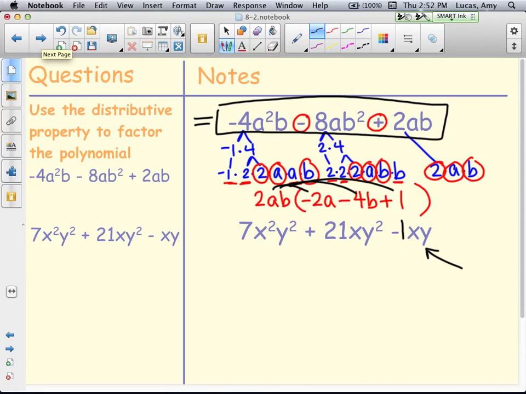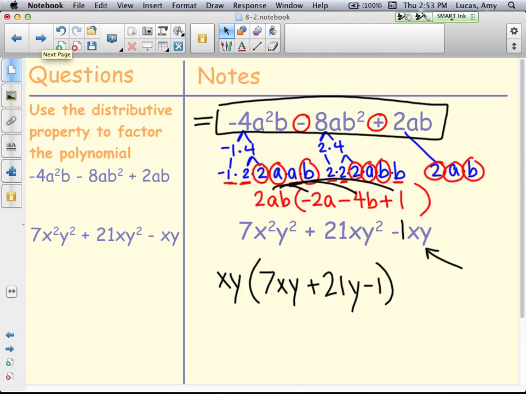Each of the other terms also have one x and one y, so I can take out x, y. The 7 stays, and I've taken out one x and one y. There's still one left of this term. I need my 21. I've taken out the x and one of the y's, so there's one left, and then the last term would just be -1. Because the x and y have been removed. If you ever want to check, you can always take your answer and distribute to make sure that you get that polynomial that you started with.